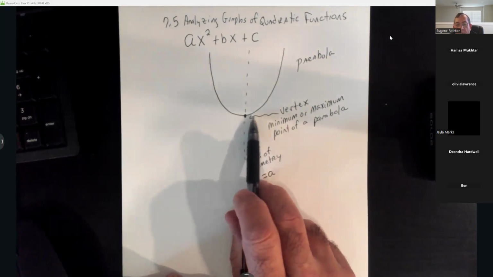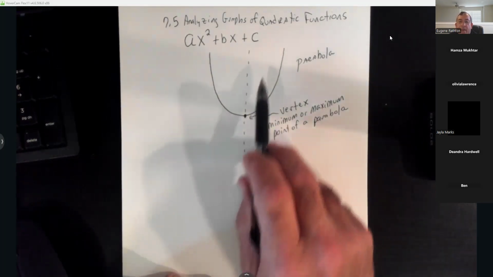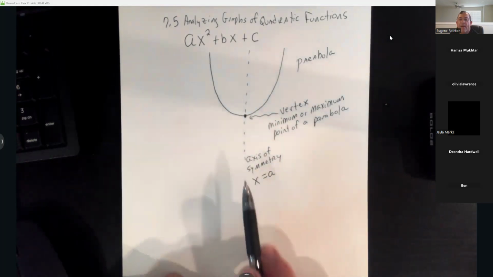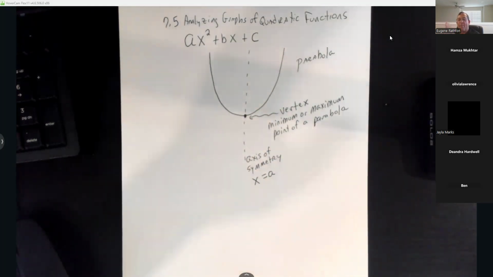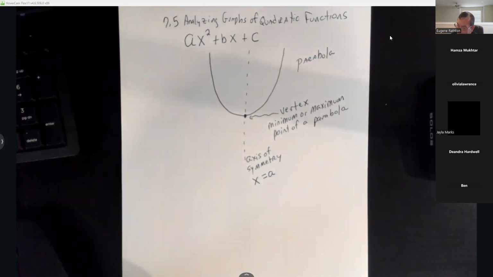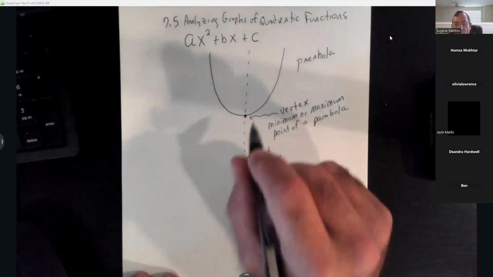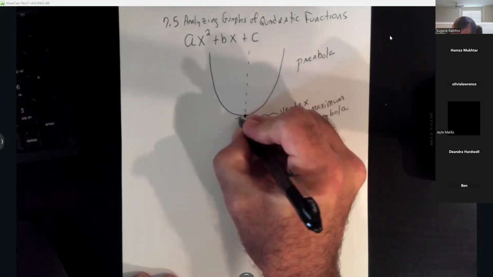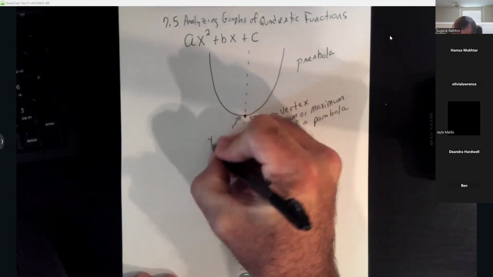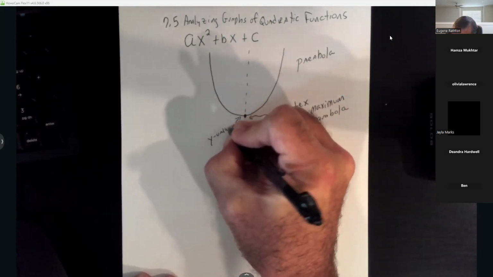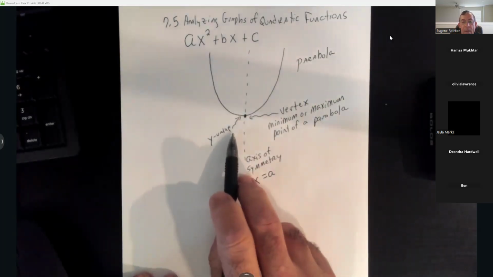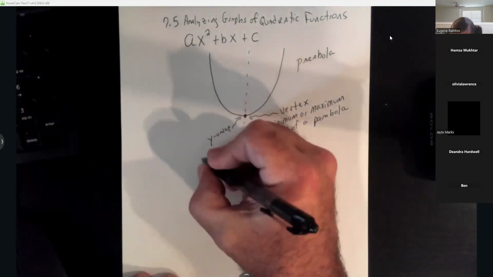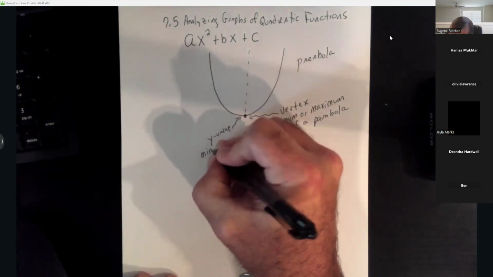So the x coordinate of the vertex gives me this imaginary line that cuts my parabola in half. Now the y value of the vertex is the minimum or maximum value.